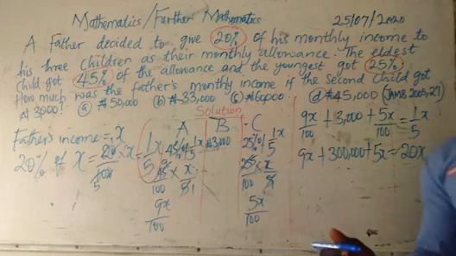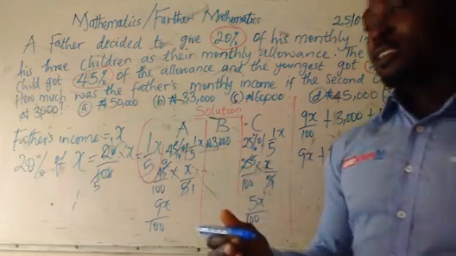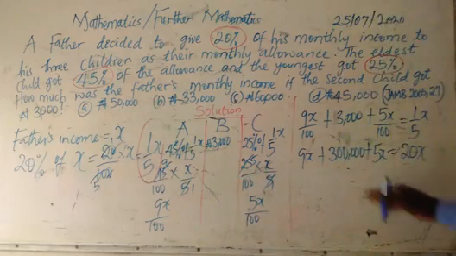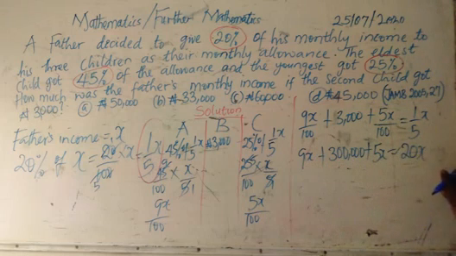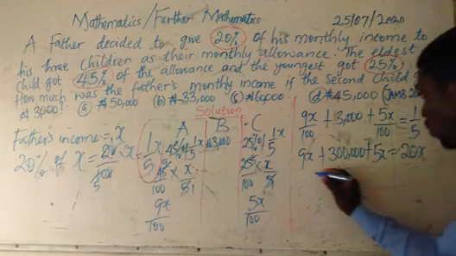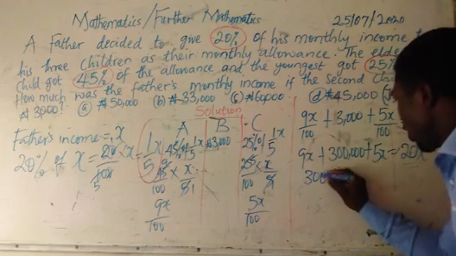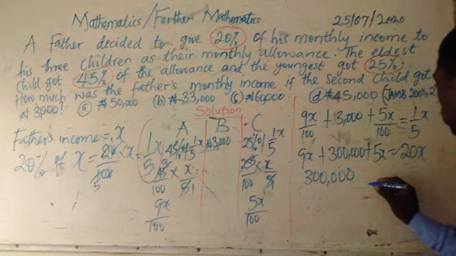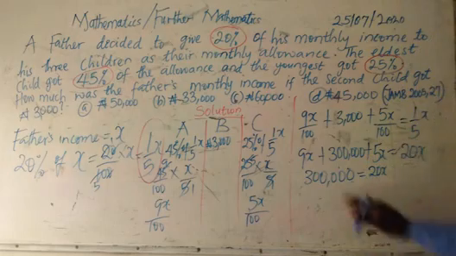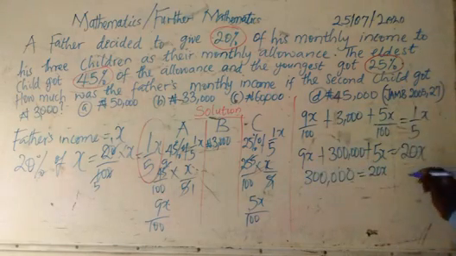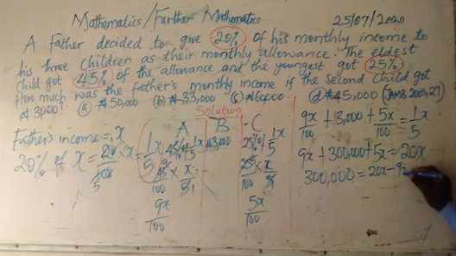At this point in time, we're going to collect the like terms. How do we go about that? Let's move all the terms with x to the other side of the equation and have it this way. 300,000 is equal to the 20x is already there. This is going to the other side of the equation, minus 9x.